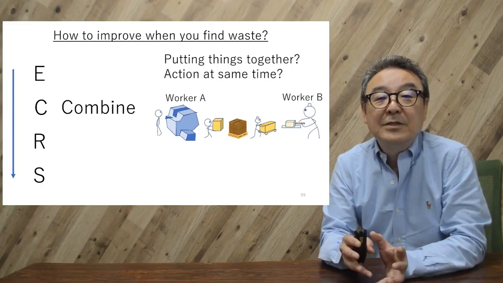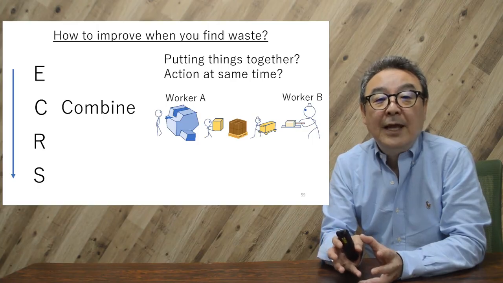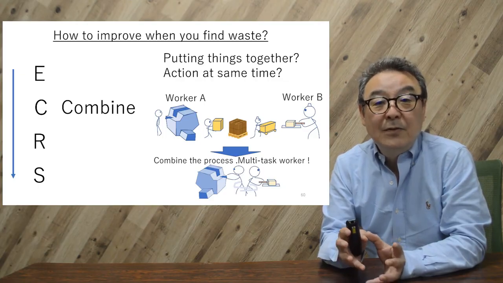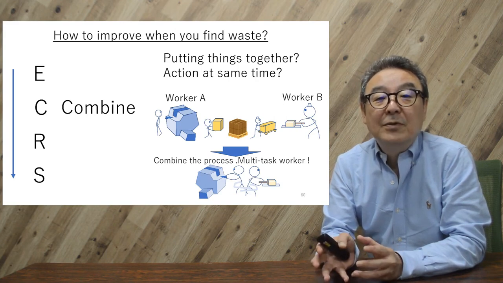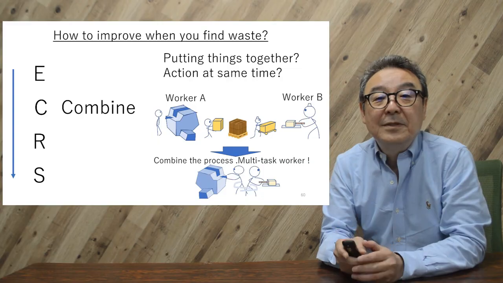The next person picks them up to his workplace and does some assembly. So we try to put them together. While worker A is waiting for the machine work, he can do the next assembly process. So by combining the process, we can eliminate one person.